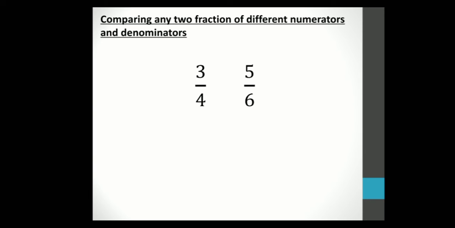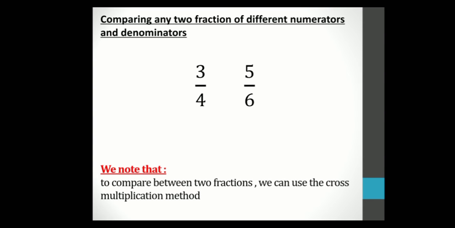To compare any two fractions with different numerators and denominators, we can use the cross multiplication method. How can I make this? First, we'll take 6 and multiply 6 by the other fraction. So, we'll make 6 multiplying by 3 and 6 multiplying by 4. So, the result will be 18 over 24.